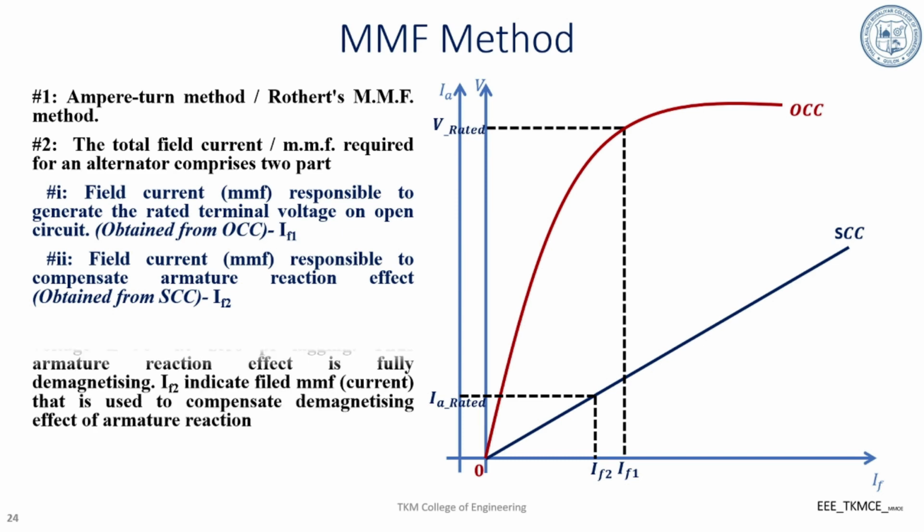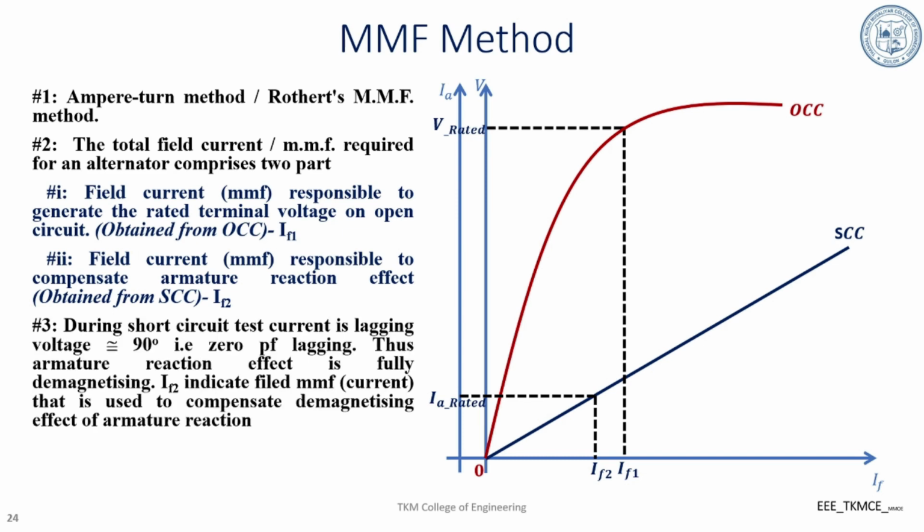Under this situation, the current is lagging voltage by 90 degree. So the power factor of operation under this condition is zero power factor lagging. Thus the armature reaction effect is fully demagnetizing. So IF2 indicates the field MMF or current that is used to compensate the demagnetizing effect of armature reaction.